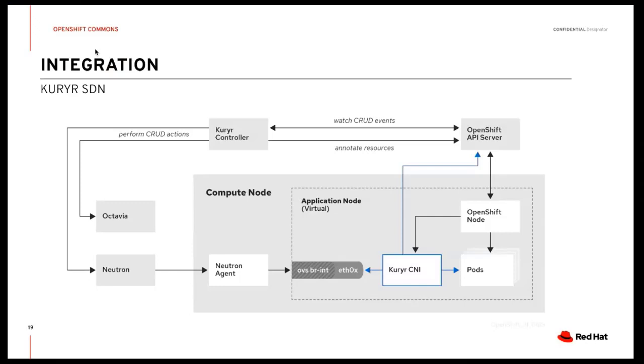So for Kuryr SDN, quite a lot of work was done to allow OpenShift pods to access OpenStack Neutron networks directly. That is because both OpenStack and OpenShift use encapsulated networks in order to communicate.